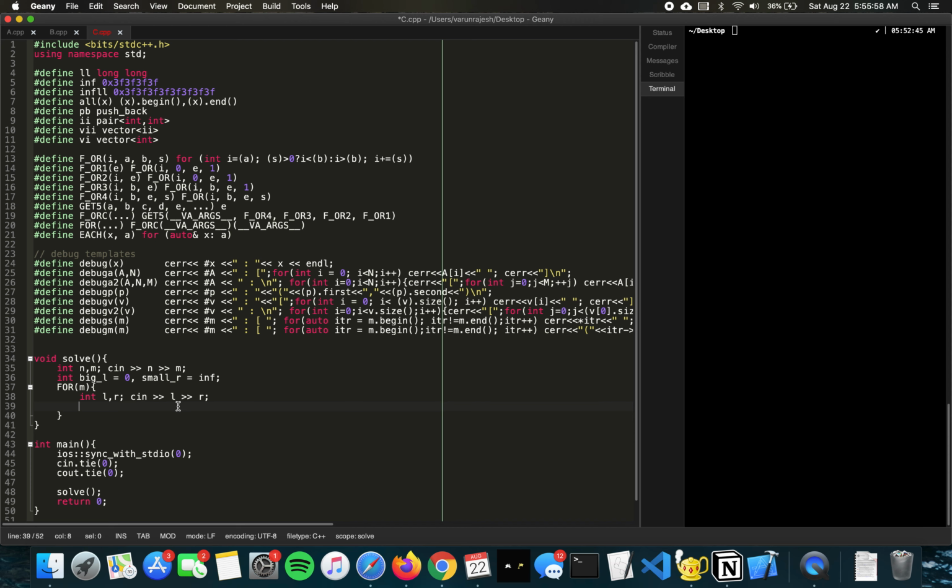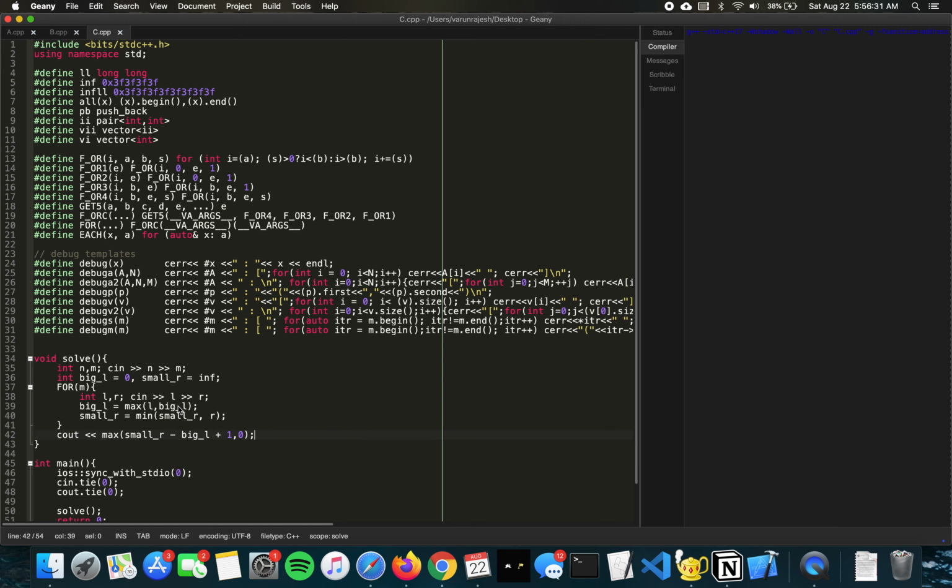So then we can say big L equals max of the new value we get and the previous biggest L we have seen, and using the same logic, the small r is going to be the minimum of our current smallest r we've seen so far and the current r we just got, and then we just output the max of small r minus big L plus 1 and 0. I think this should work.